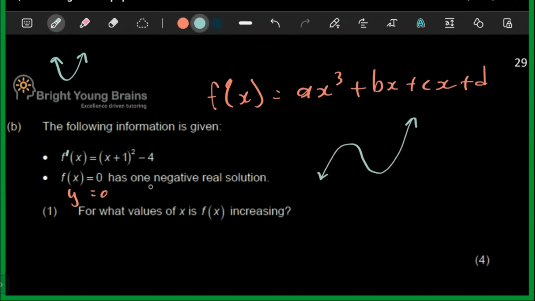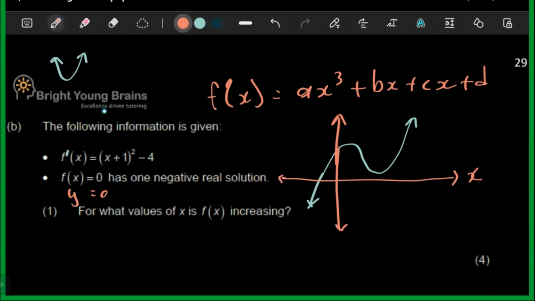If it has one negative solution, it means if you solve for x and make y 0, your graph is only going to touch the x-intercept once, and it's going to touch it on the negative side of your Cartesian plane. So you're going to have maybe something like this, where your graph does not touch your x-axis again. It only touches it once on the negative side. So this is a rough sketch of your graph.